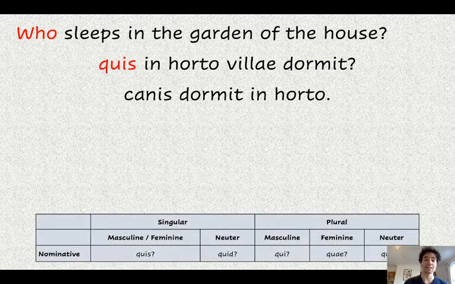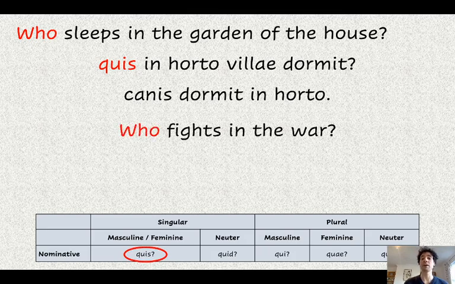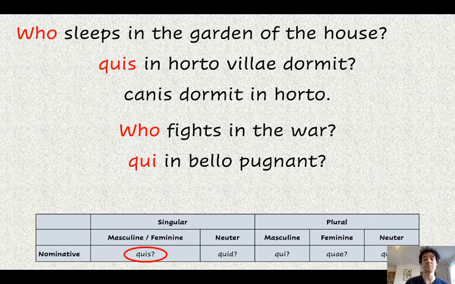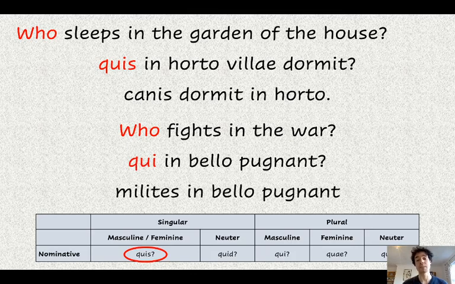And in this case, I have used the question word quis because canis, the dog, is masculine. Who fights in the war? Qui in bello pugnant? In this sentence, I have used the interrogative pronoun qui because it's plural.